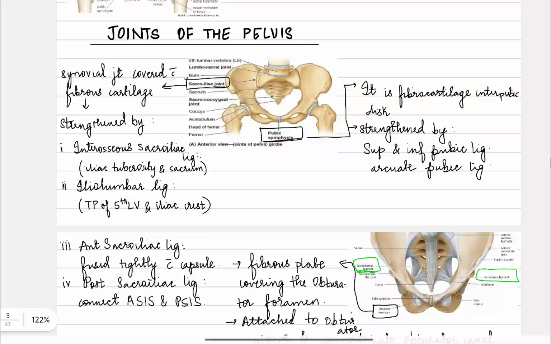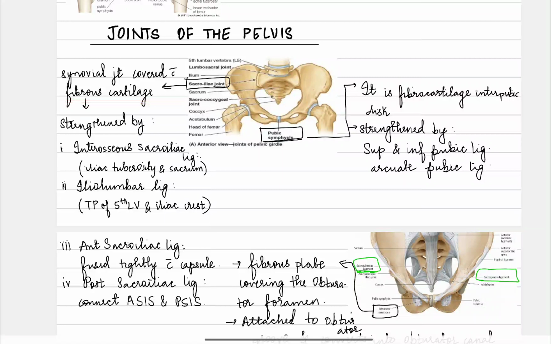So this joint is strengthened by four ligaments: interosseous sacroiliac ligament, iliolumbar ligament, anterior sacroiliac ligament and posterior sacroiliac ligament. And this joint is covered by fibrous cartilage.